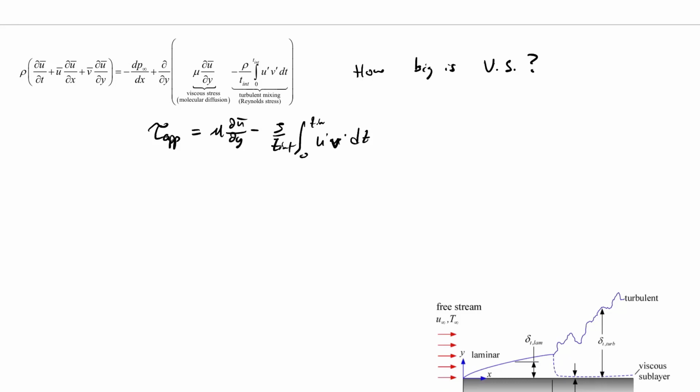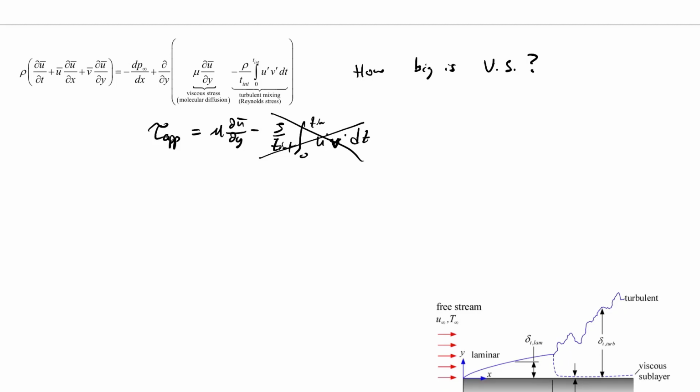we are actually moving into the viscous sublayer for this analysis and not in the turbulent region. So in the viscous sublayer, there are no eddies, right? So the second term goes away, and we're left with our apparent shear stress at the surface equal to just our molecular contribution.